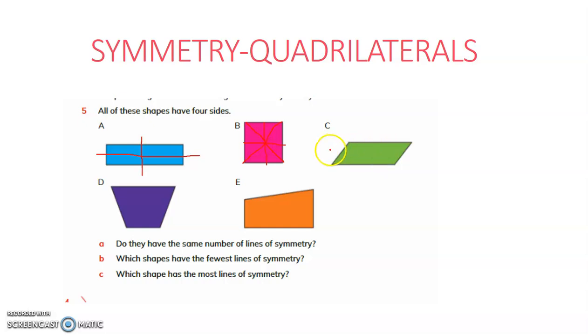Coming here, this has no horizontal symmetry, no vertical symmetry, and is not diagonally symmetrical. This parallelogram has neither horizontal nor vertical symmetry, and it is not diagonally symmetrical.